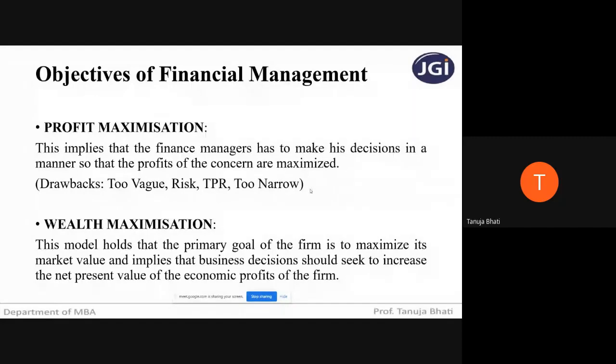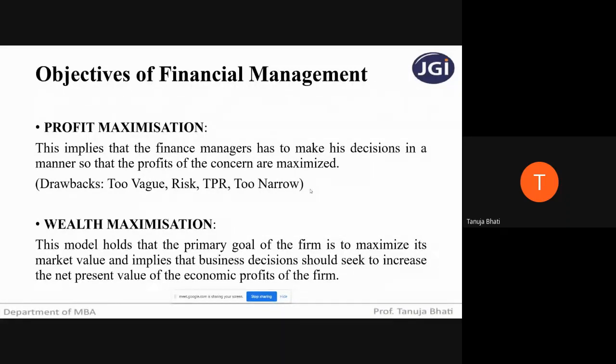So what happens here? Here the shareholders' wealth is the result of the cost benefit analysis that they get in respect of time and risk. So your risk factors are considered, your time pattern of returns is considered, and the overall business decision is based on how the market value is increased.